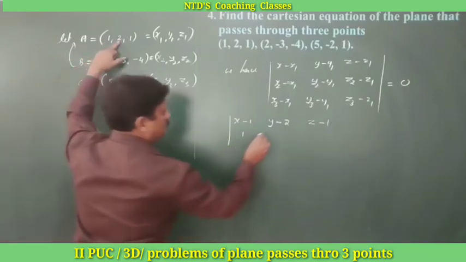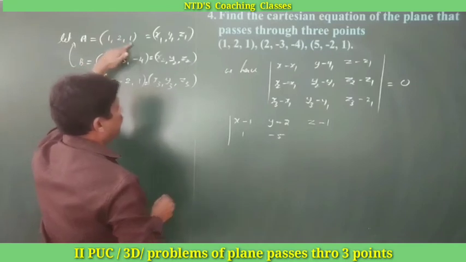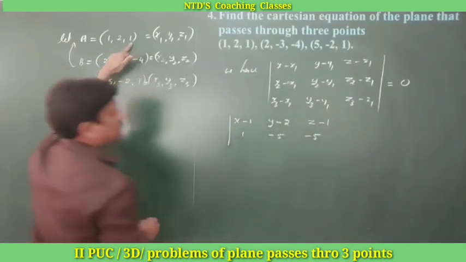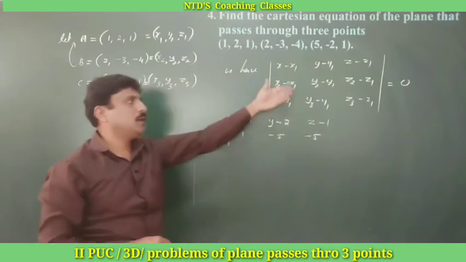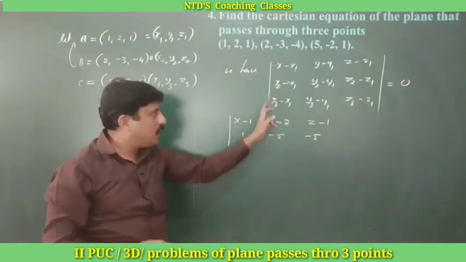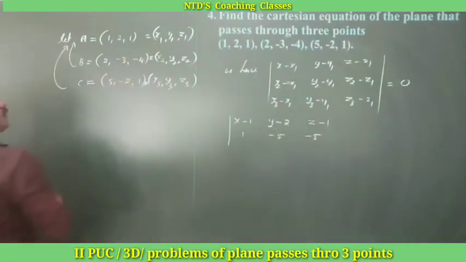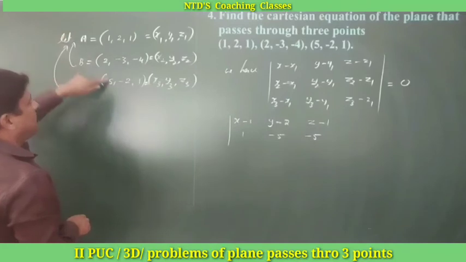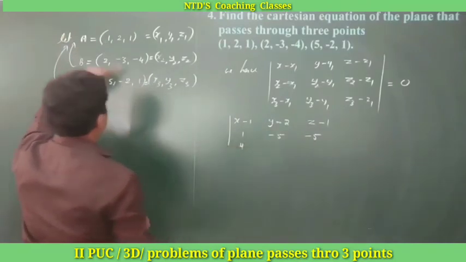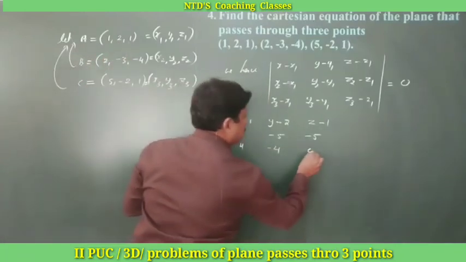Minus 3 minus 2, minus 5. Minus 4 minus 1, minus 5. Third row, x3 minus x1, third point minus first point, C minus A: 5 minus 1, 4. Minus 2 minus 2, minus 4. 1 minus 1, 0.